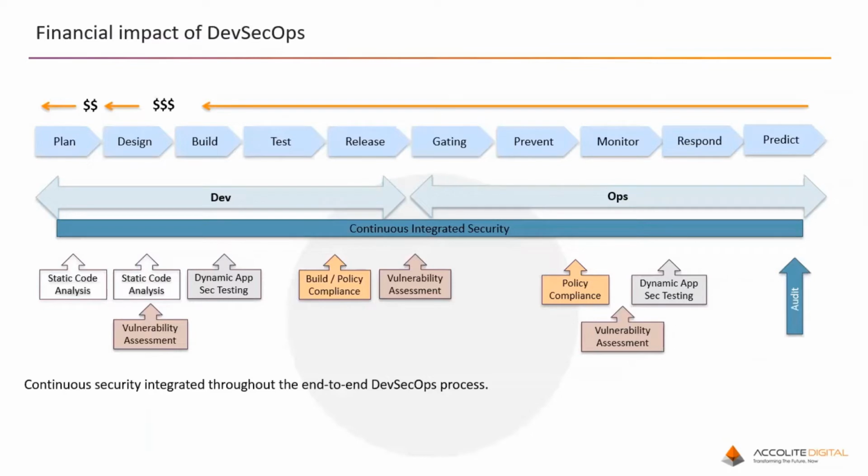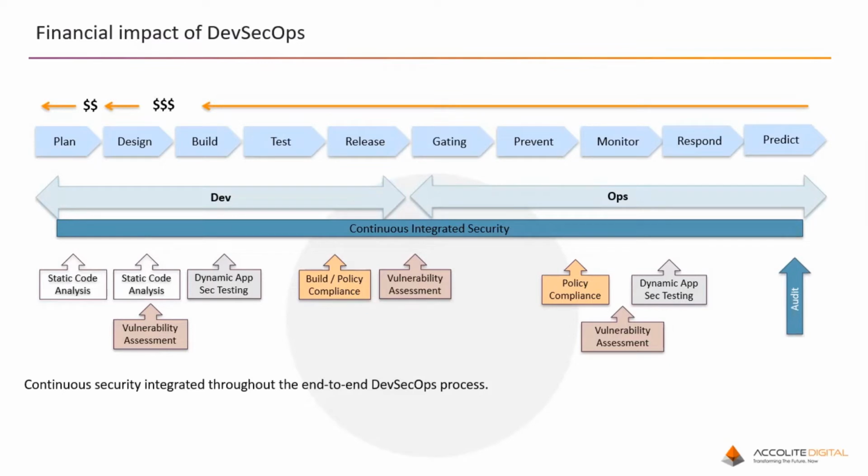DevSecOps means that security is a shared responsibility, and everyone involved, as I said, in the SDLC process has a role to play in building security into the DevOps CI/CD pipeline, as you see. It enables business to rapidly bring new applications to market, but in a safe and compliant manner.